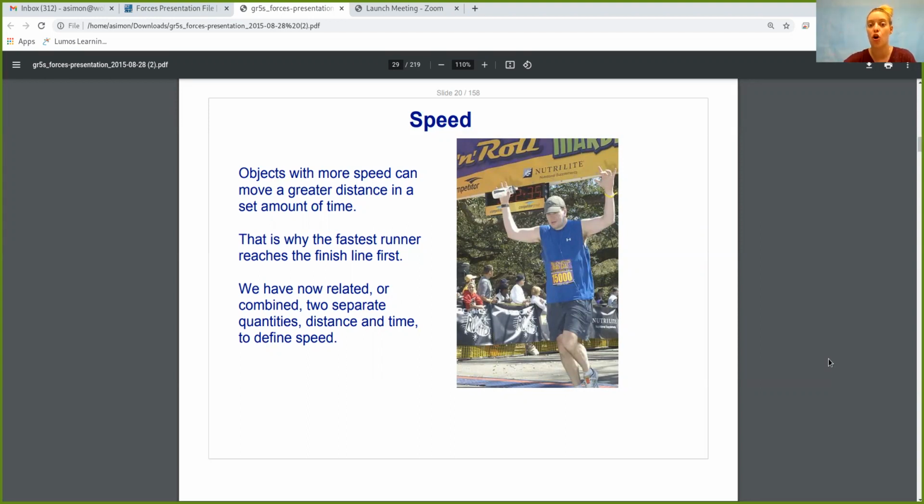If you're going a certain distance in less time, your speed is going to be greater. Go ahead and put this down in your notes: objects with more speed can move a greater distance in a set amount of time. So the greater the speed, the more distance you are traveling.